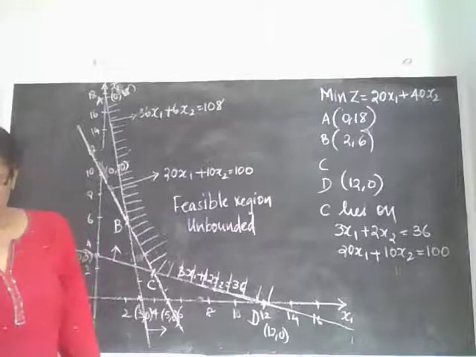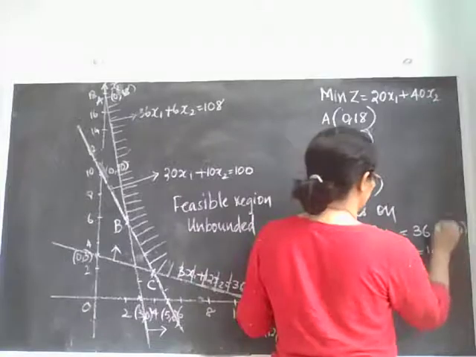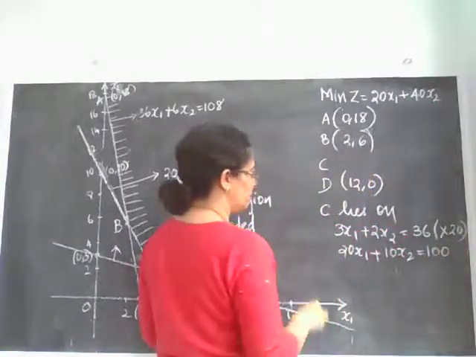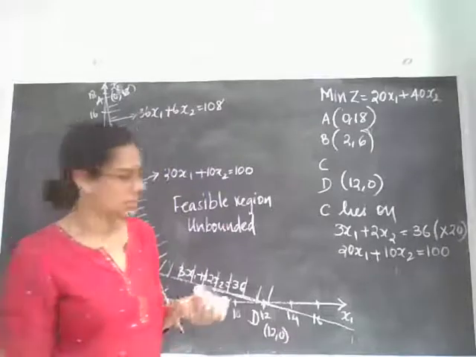Now multiply the first one with 20, and multiply the second one with 3.